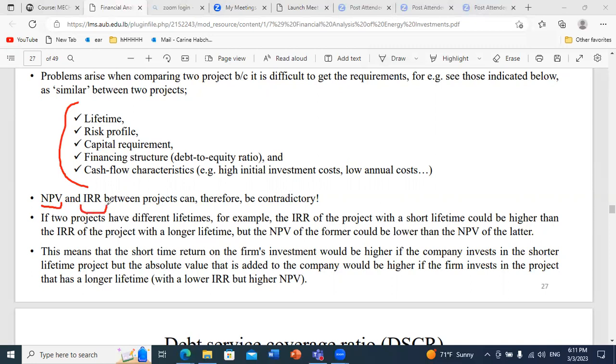Why? Because let's say you have projects A and B. The lifetime of project A is just 5 years, while the lifetime of project B is 30 years. And the discount rate in project A is just, for example, 1%, while the actual discount rate in B, for example, is 5%.